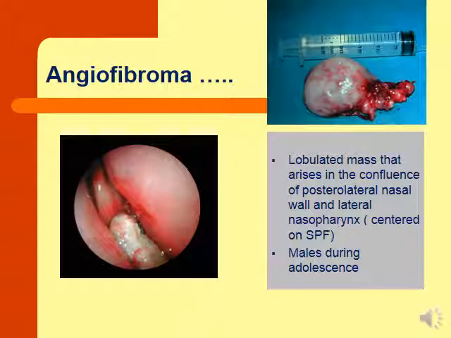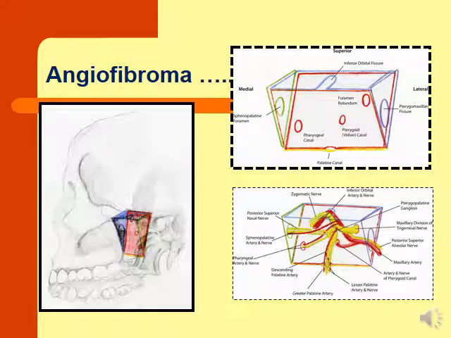The third mass, which is the angiofibroma, is a vascular tumor that arises from the area behind the maxillary sinus, which is the pterygopalatine fossa. This mass usually has hemorrhagic petechiae. This is the area of the pterygopalatine fossa, which lies behind the maxillary sinus.